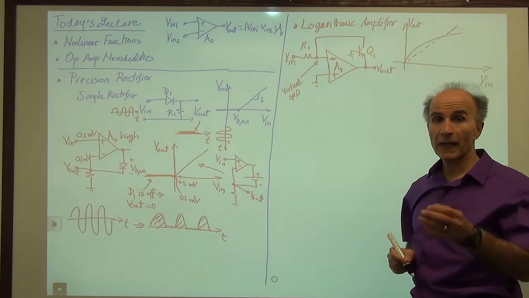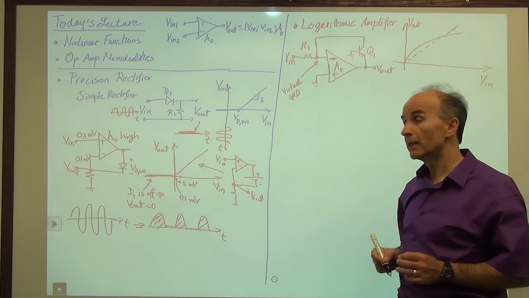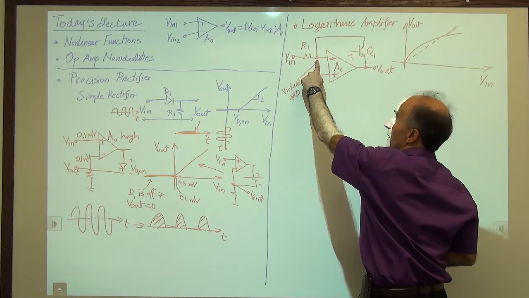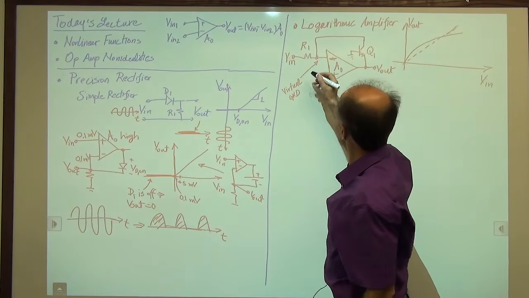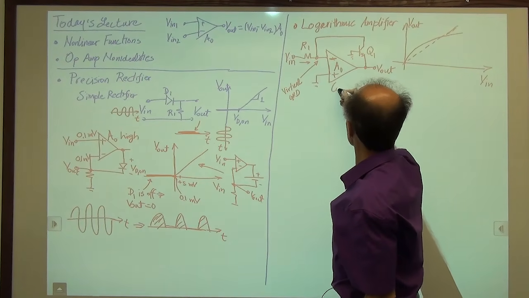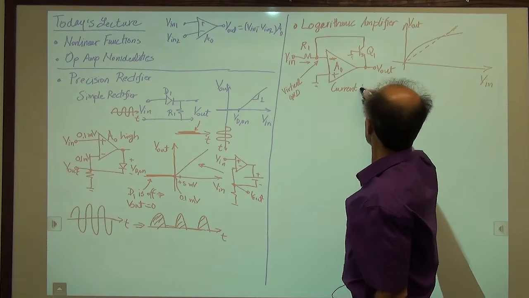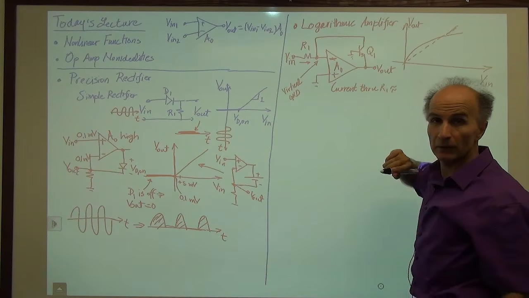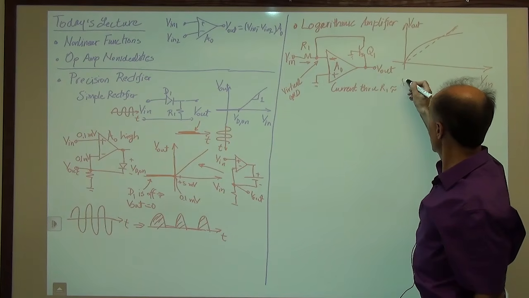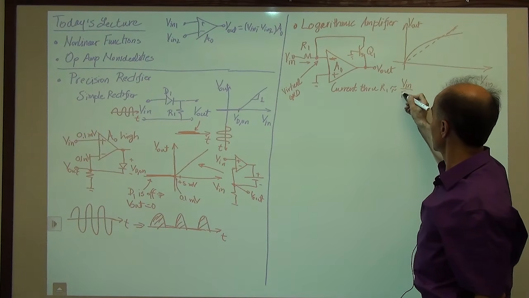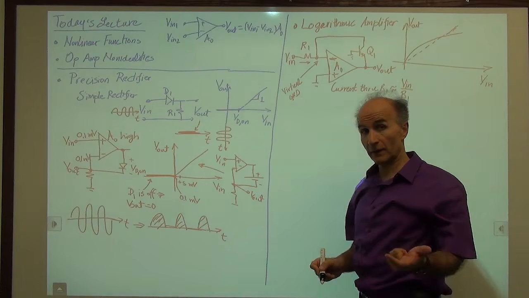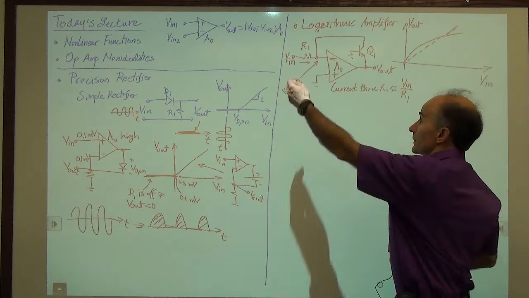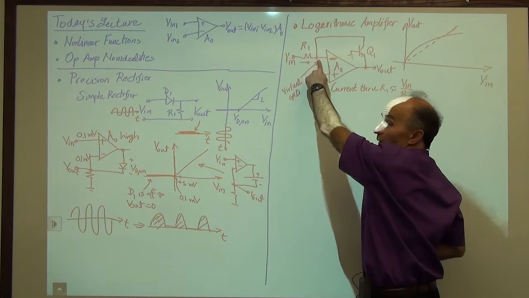Okay, then we can calculate the current flowing through R1. We say V in minus this voltage over R1, but this voltage is close to 0. So the current through R1 is approximately equal to V in over R1, as we have seen a number of times in the previous circuits, the inverting amplifier, the integrator, etc. Okay, this current comes in from the input through R1 to the virtual ground node.